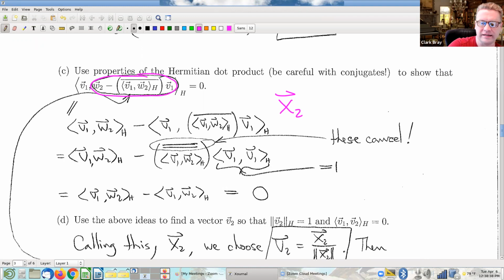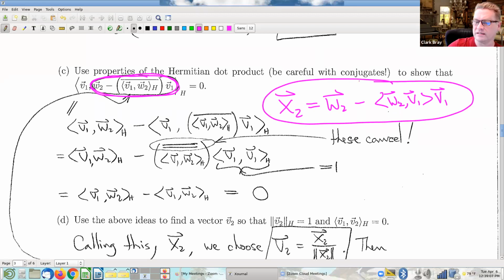Instead of writing it like this, we could equivalently have called it W2 minus the inner product of W2 with V1, no bar necessary because I've switched the positions of those vectors, which does effectively conjugate it. So we could just as easily have written it like this. Looks a little bit more elegant that way. And so maybe you have a preference for that.